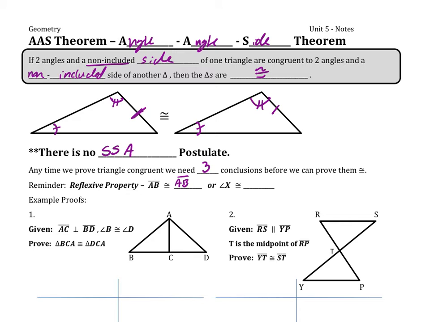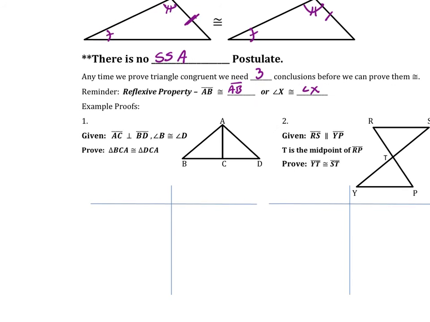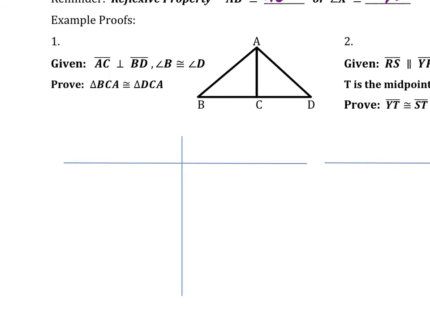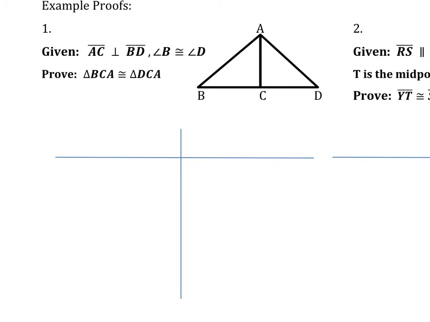Just like that works for sides, that also works for angles. Angle X is congruent to itself. So in proof writing, we do write down the obvious, because proof writing is a very exacting process, where we put everything down that we could possibly think of that we need.